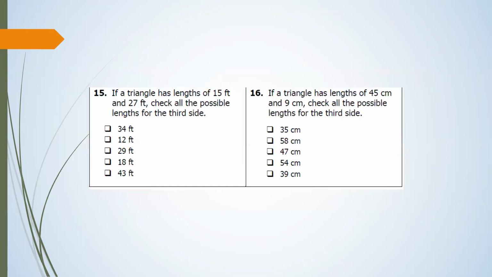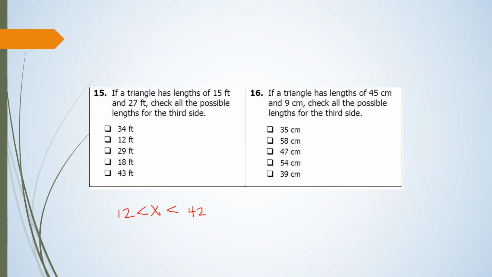Now, you could also be given a problem like this, where it tells you that the triangle has these two lengths, and you have to pick all of the sides that meet the requirement for the third length. So all you're going to do is write your range. So subtract your two numbers, 27 minus 15 is 12, and then add your numbers, 27 plus 15 is 42.